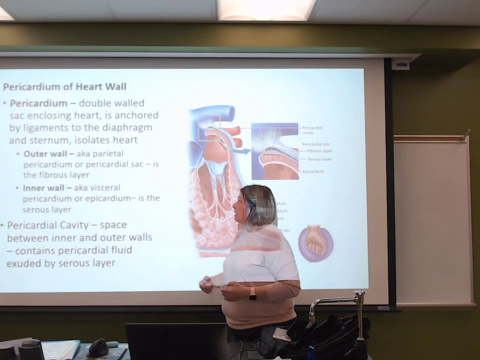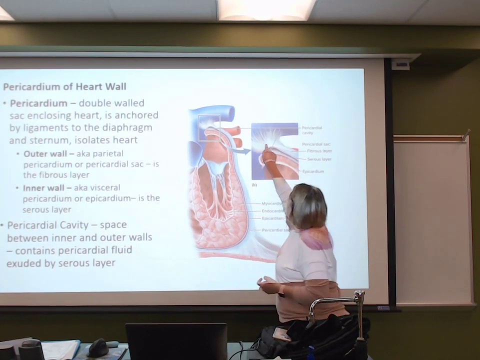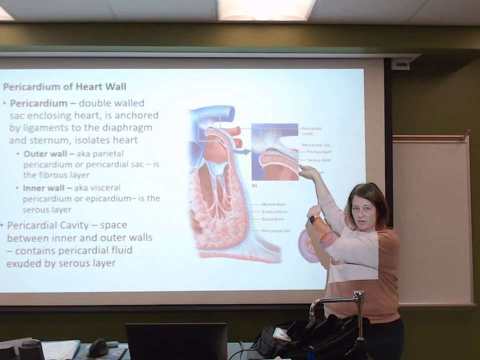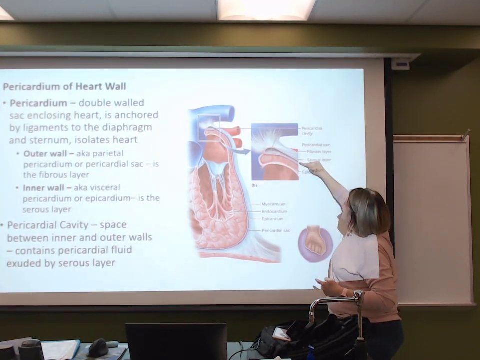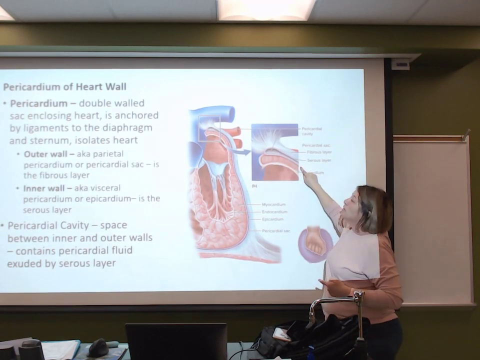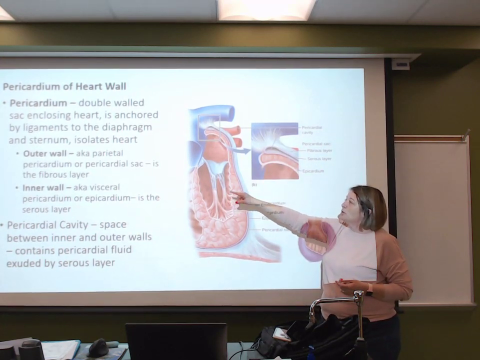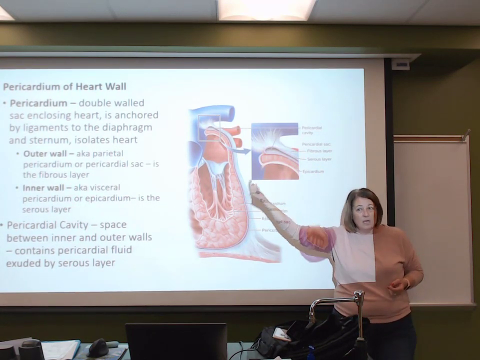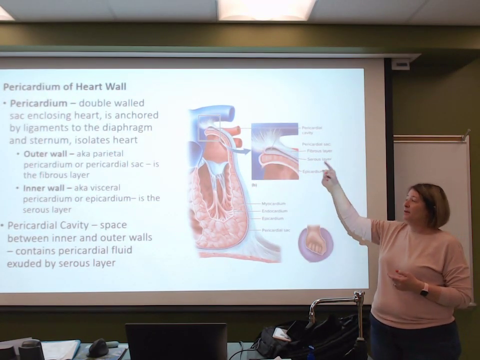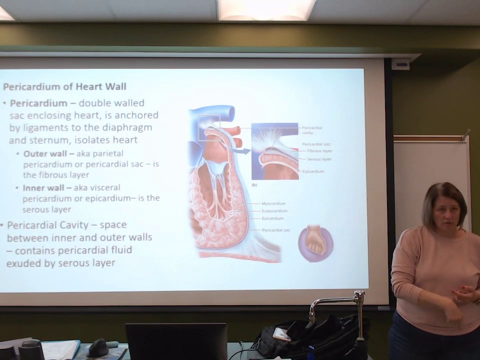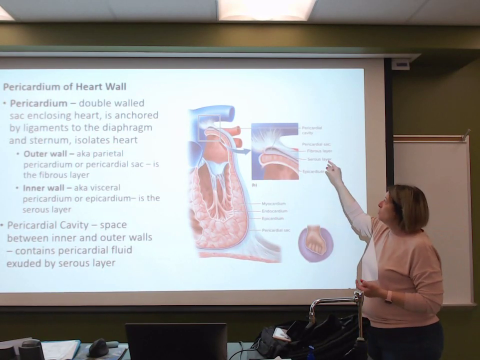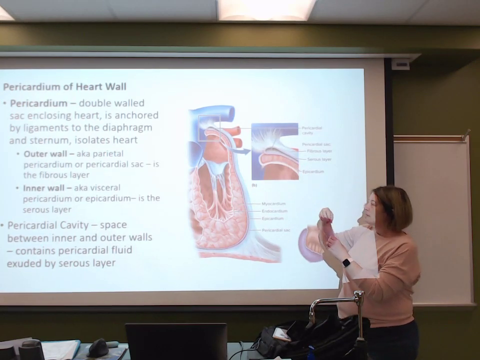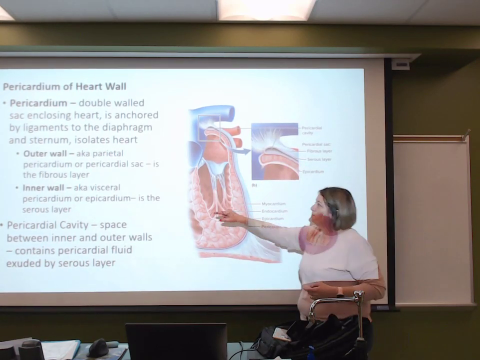So the outer wall, and note, they tried to show a blown up version of it over here, okay? The outer wall, inner wall, okay? Parietal tells us outer. Endo or epi tells us inner, all right? So now we're going to see the layers that exist.